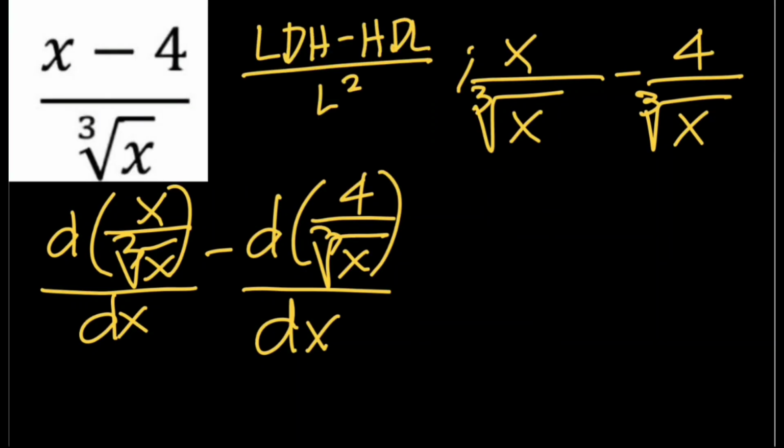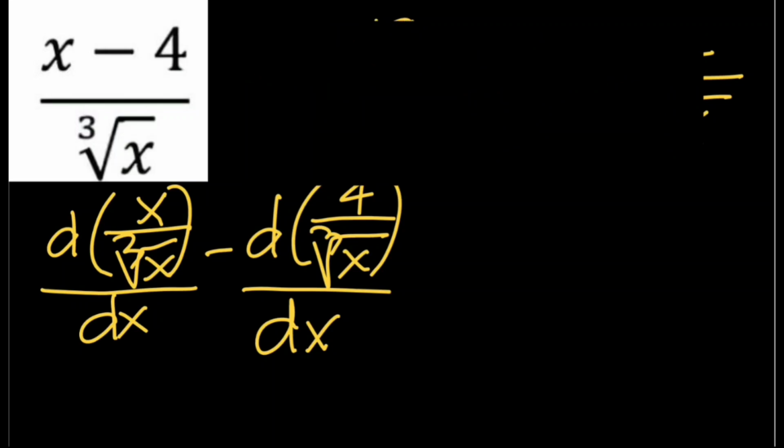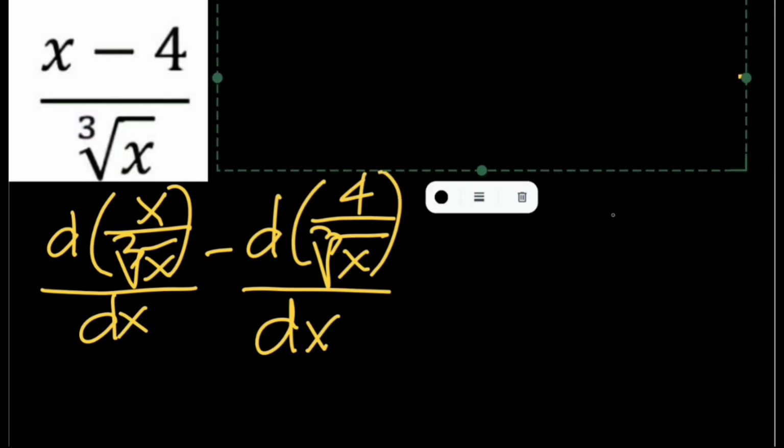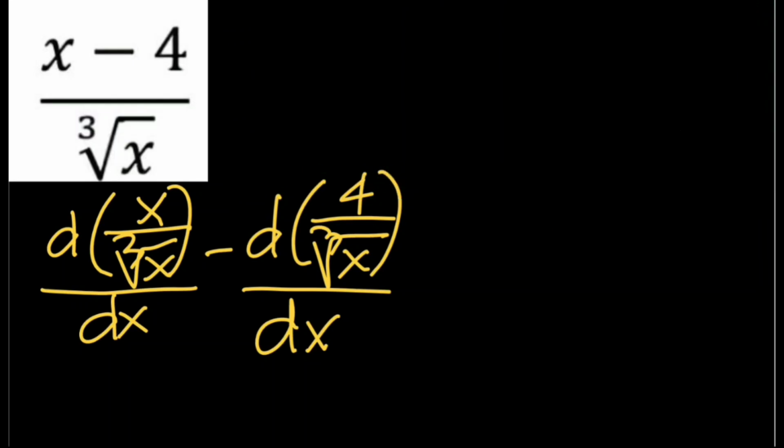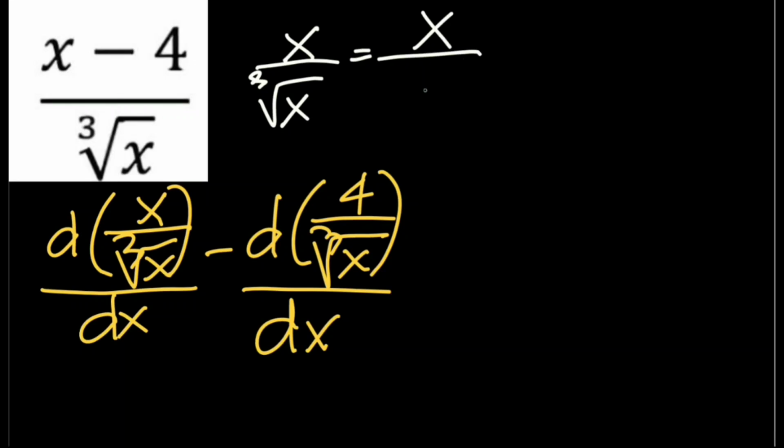Now let's simplify everything first before deriving, so it would be easier to derive each one of them. So x over cube root of x, we can write this as x over x to the 1/3, because cube root of x can be written as x to the 1/3. And notice here that they have the same base, and using the law of exponents, we just have to subtract the exponents.